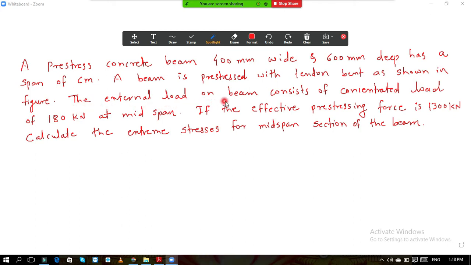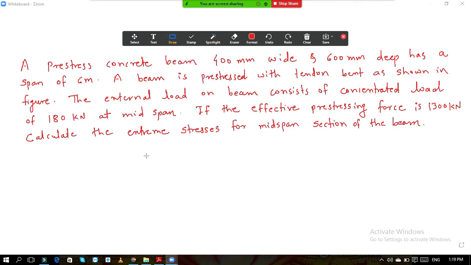The external load on the beam consists of a concentrated load of 180 kN at midspan. So a point load of magnitude 180 kN is acting at the center. With a 6 meter span, it is acting at 3 meter. If the effective stressing force is 1300 kN, calculate the extreme stresses, so sigma top and sigma bottom, for the midspan section of the beam. So this is the given problem.